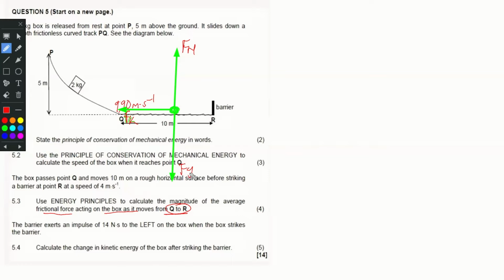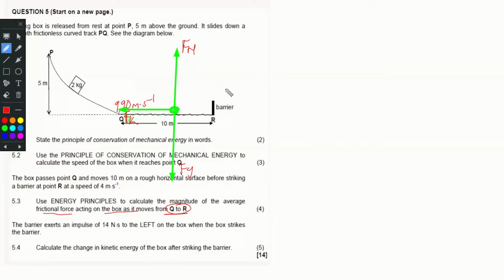Now, okay, to calculate the average frictional force, note again, we have a horizontal surface. And the energy principle that I like to apply if I'm working with a horizontal surface is obviously W net. With a horizontal surface, I prefer to work with W net because it doesn't have any height.